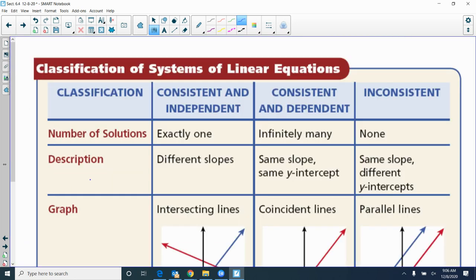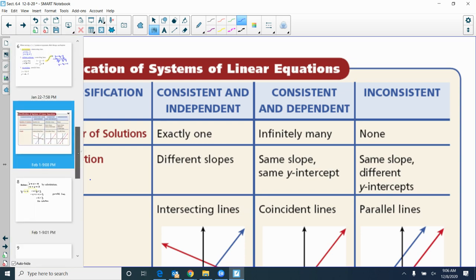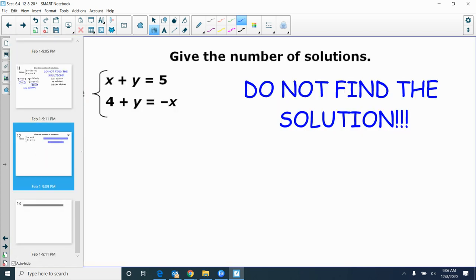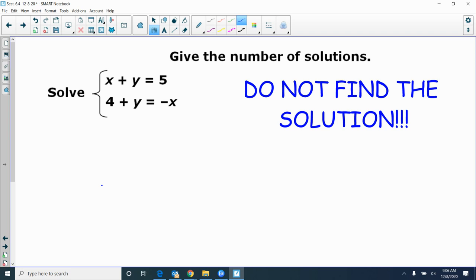Okay, different slopes, one solution. Same slope, same y-intercept, infinite. And if they're parallel, same slope, different y-intercepts, then they are no solutions. All right, so for this one here, before you say 0, 1, or no solution, get them both in slope-intercept form.